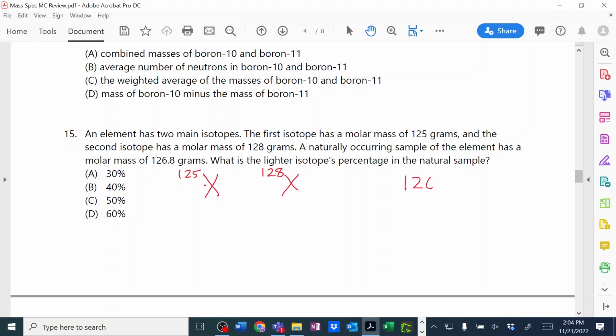Now, first of all, molar mass in grams and AMU is just the atomic mass. It scales 1 to 1, so you can read grams, you can read AMU, it doesn't really matter. What I would do is I would say let this be isotope A and let this be isotope B. Let X be the percent of isotope A.